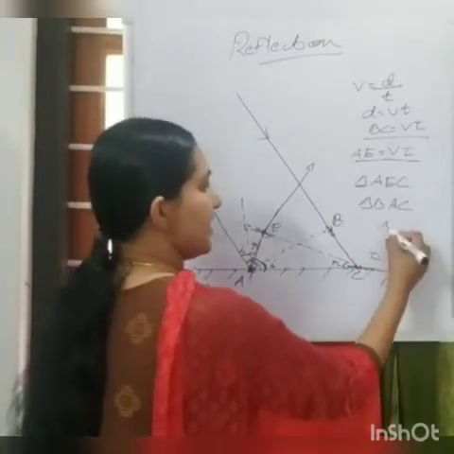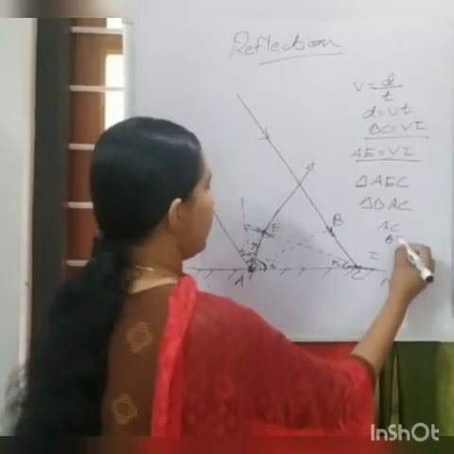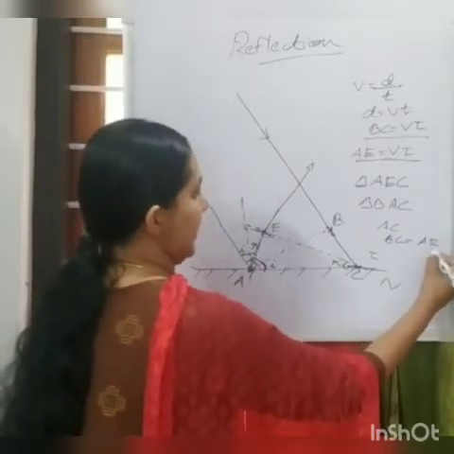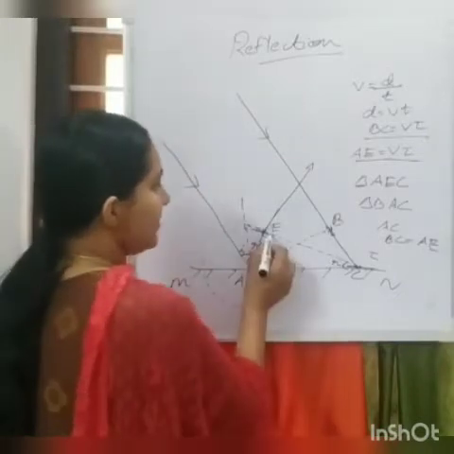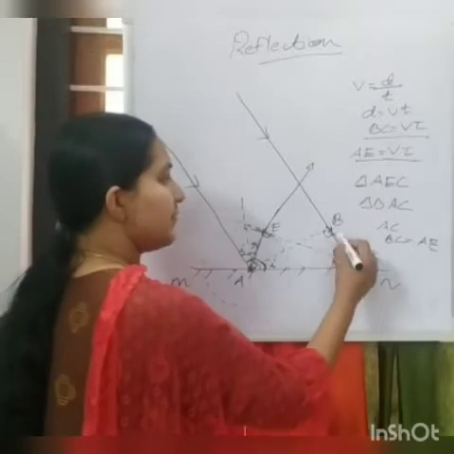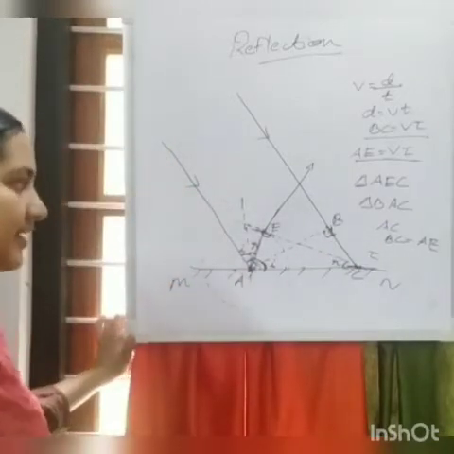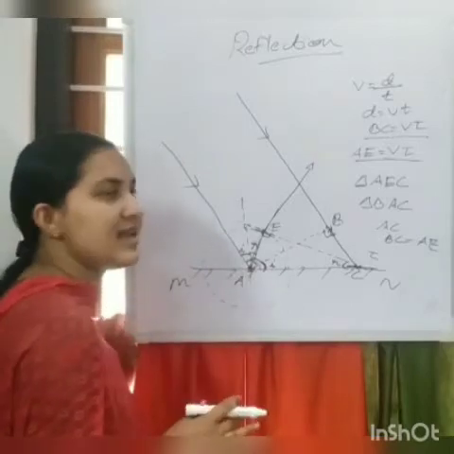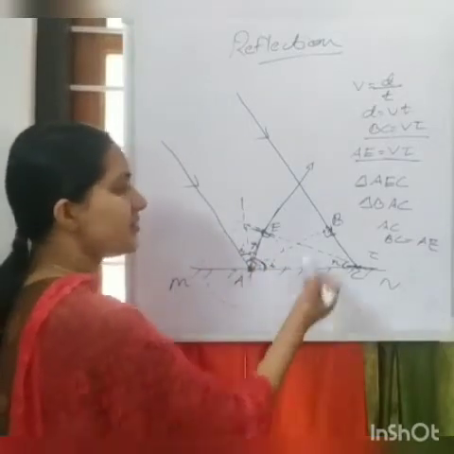So AC is common and BC is equal to AE. Okay. And this angle E is 90 degrees and angle B is also 90 degrees. Okay. So two sides and one angle are the same for both these triangles.